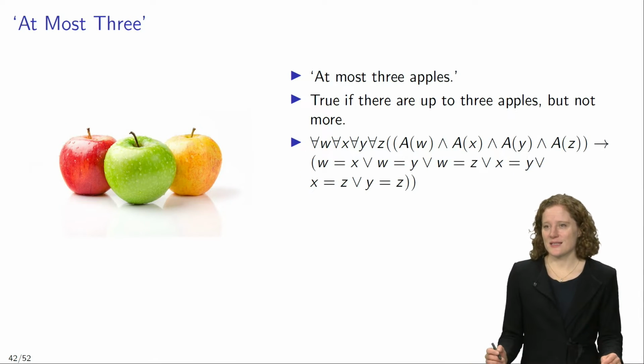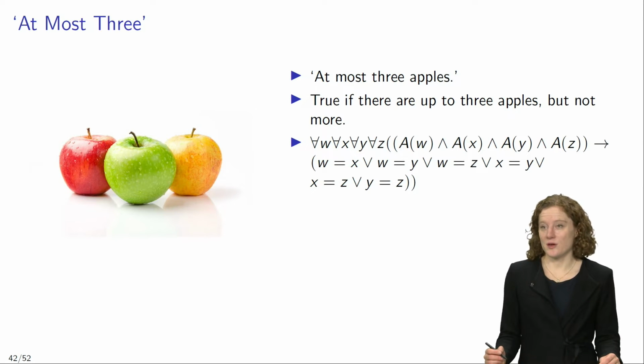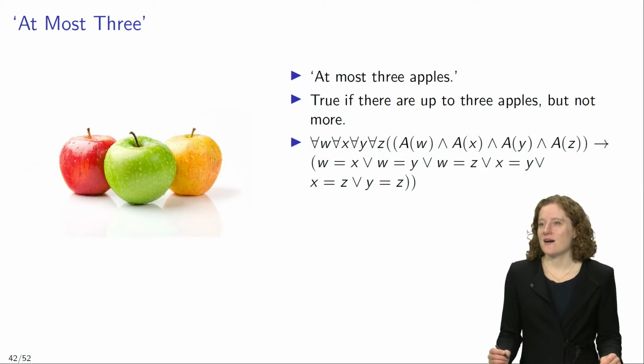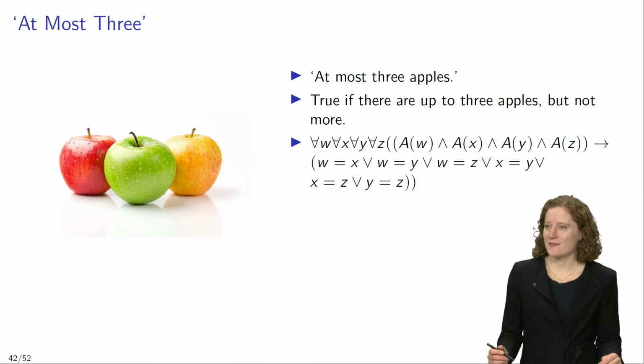Now, this is, again, a slightly more complicated example. Suppose you want to symbolize the sentence, there are at most three apples. Now, this sentence is true if there are up to three apples, but there cannot be more than three apples.